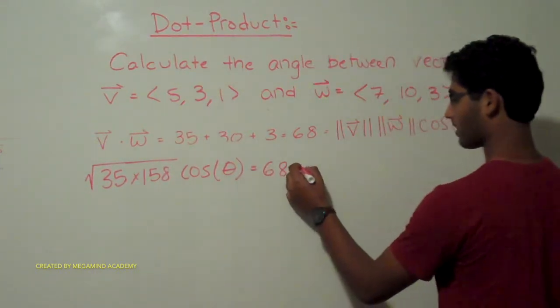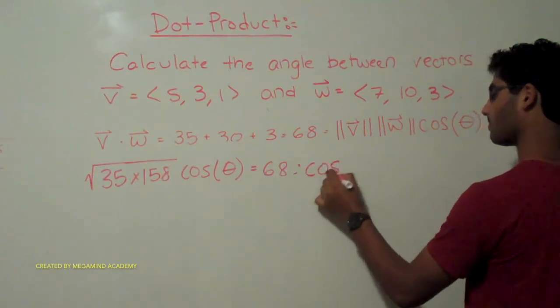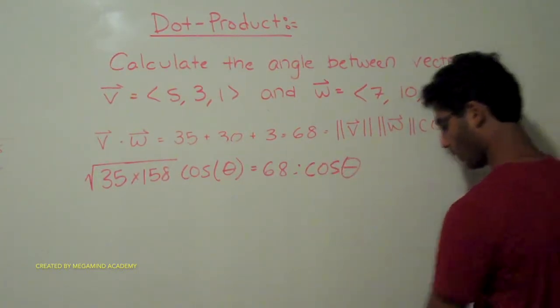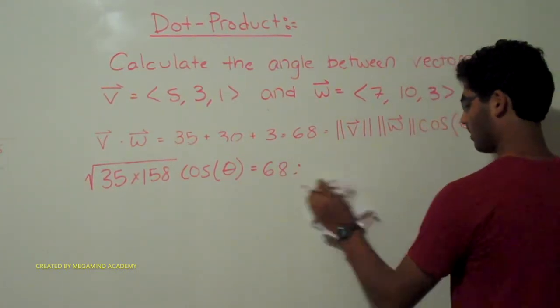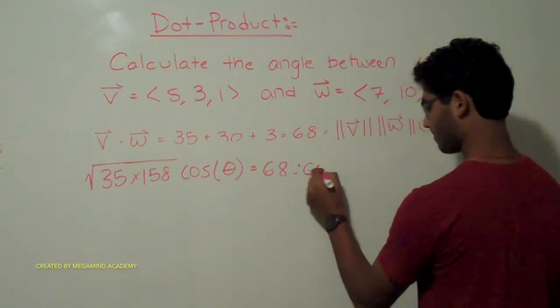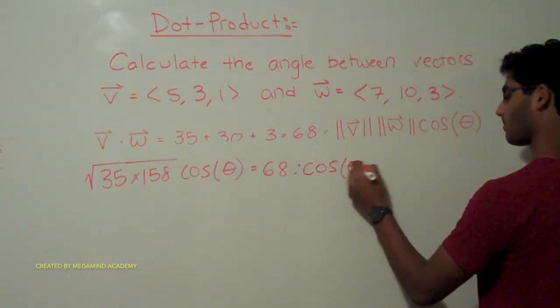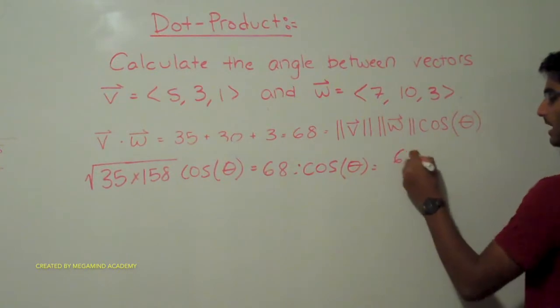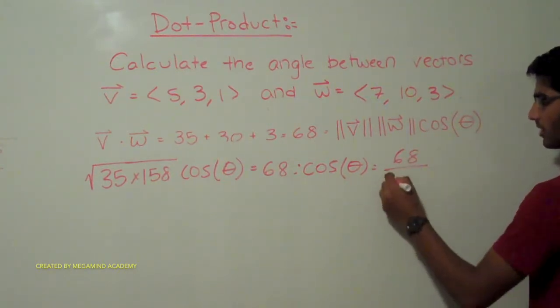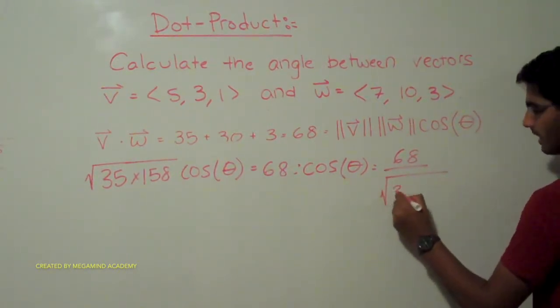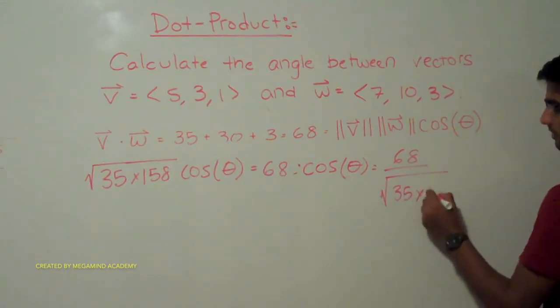So that means that cosine theta is equal to 68 over the square root of 135 times 158.